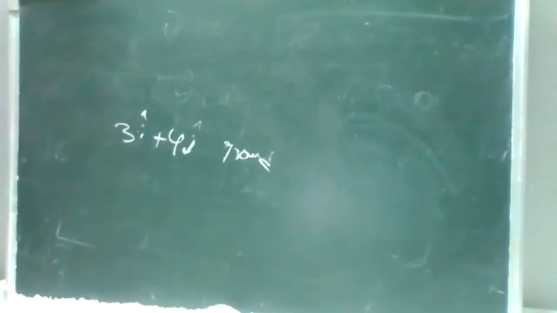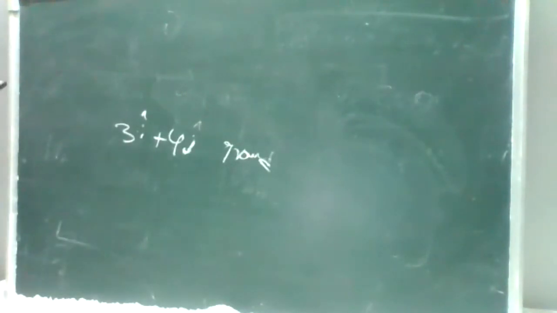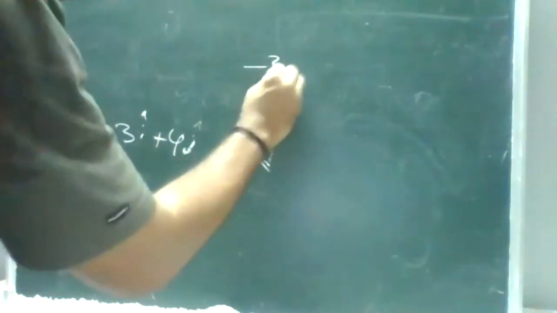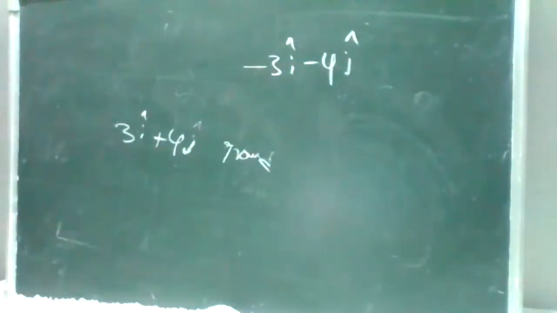The water in the river is moving with a velocity minus 3 I cap minus 4 J cap with respect to ground again.